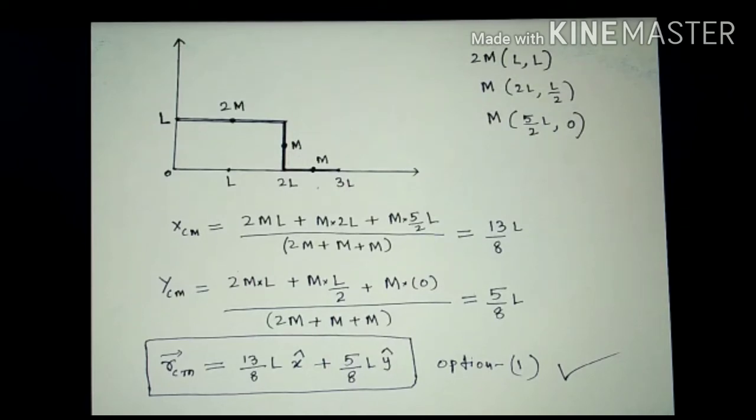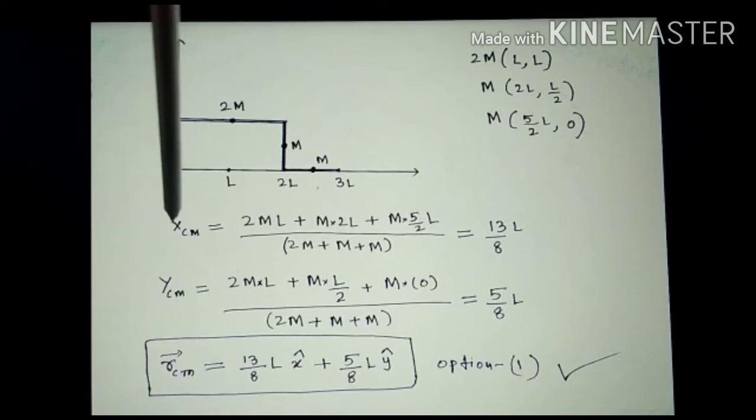Now you have three masses, 2m, m and m, and their positions x1, y1, x2, y2, x3, y3. Simply substitute for three objects: m1 x1 plus m2 x2 plus m3 x3 by m1 plus m2 plus m3.